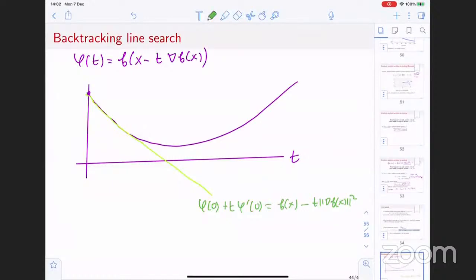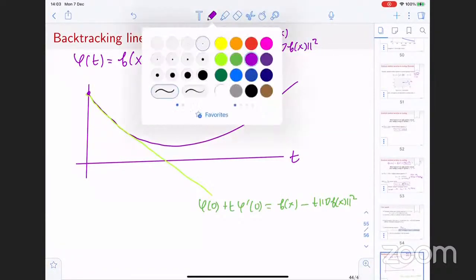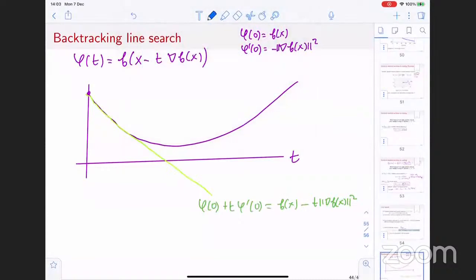Because if you do the chain rule, phi of 0 is equal to f of x, and phi prime of 0 is just minus the norm of the gradient of f at x squared. So this is really phi of 0. Now the iterate x_{k+1} that I would like to find is a point that achieves a sufficient decrease.